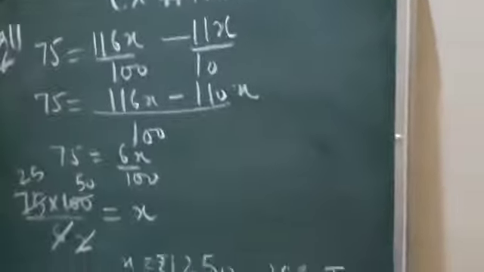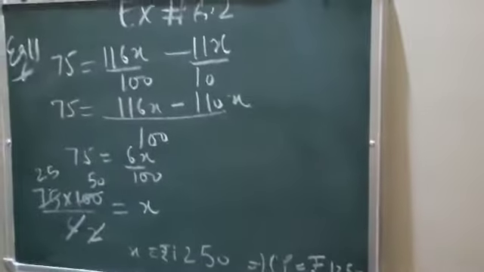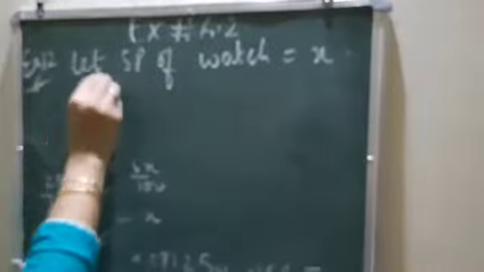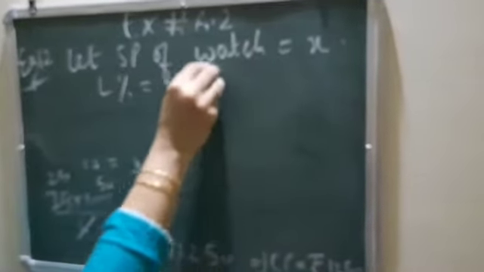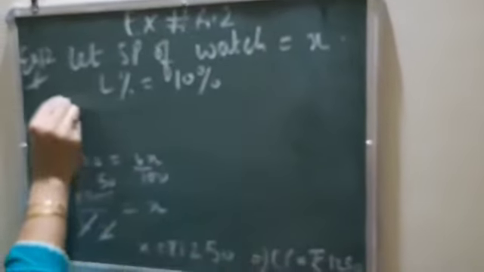As you have to find the SP here, so we can suppose the SP as X. Okay? In this question, we'll suppose SP as X. Example number 12. So as we have to find SP, so we'll take SP of watch as X. So if the SP of watch is X, he has got a loss of 10%. What would be the CP? Apply the formula.